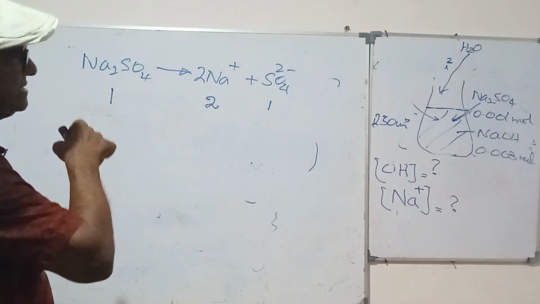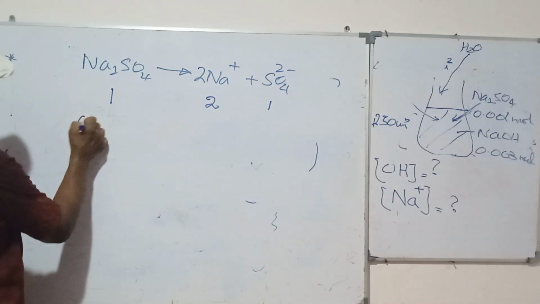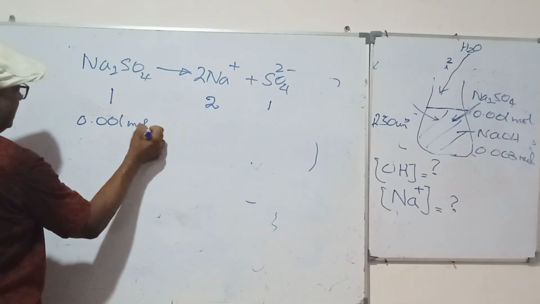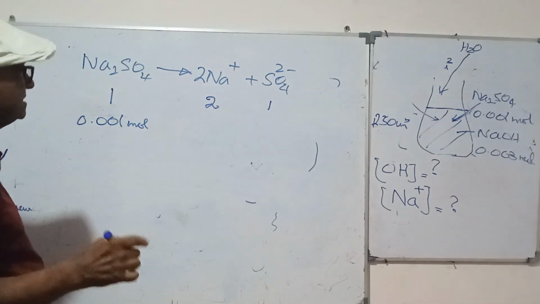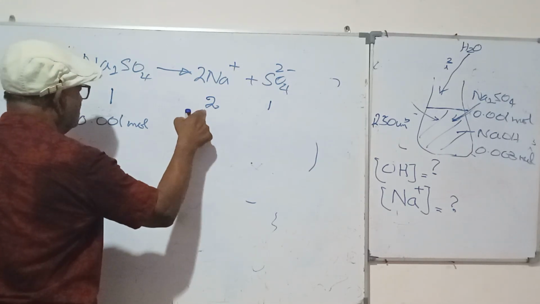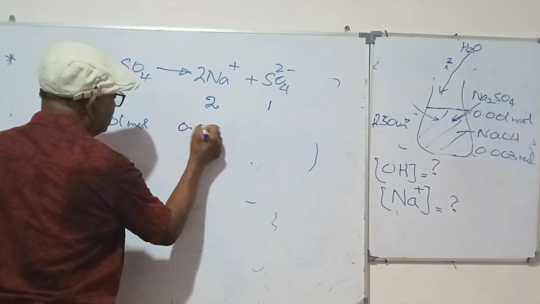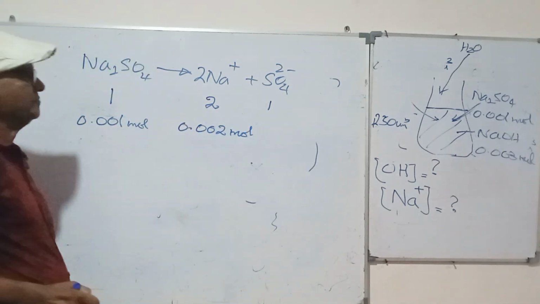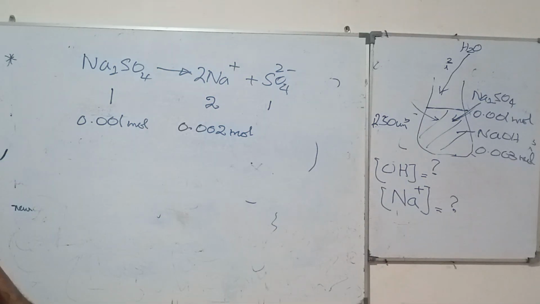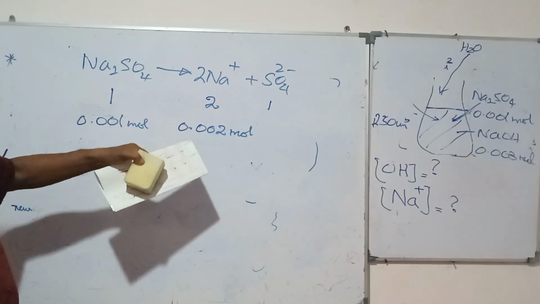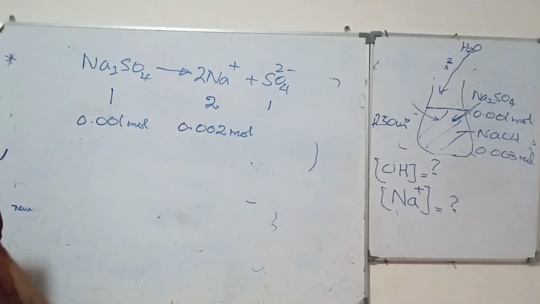But it is clear that the solution contains 0.001 mole formed, then it should be given 1:2, 0.002 mole. Then the solution contains sodium ion, 0.002 mole, given by sodium sulfate.